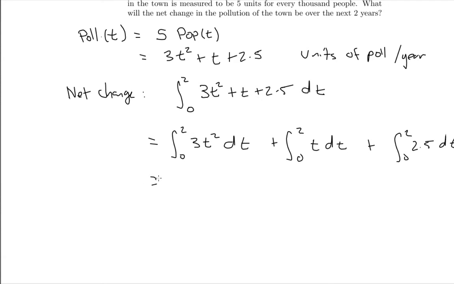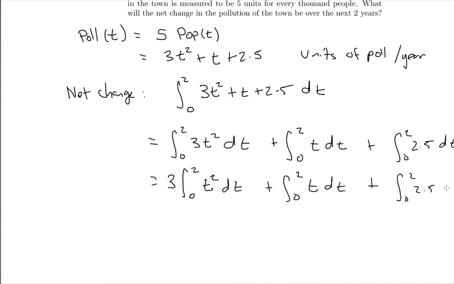I also have a rule that allows me to remove any constants multiplying the functions inside my integrand, so I can take this 3 out. So this becomes 3 times the integral from 0 to 2 of t squared dt, plus the integral from 0 to 2 of t dt, plus the integral from 0 to 2 of 2.5 dt.